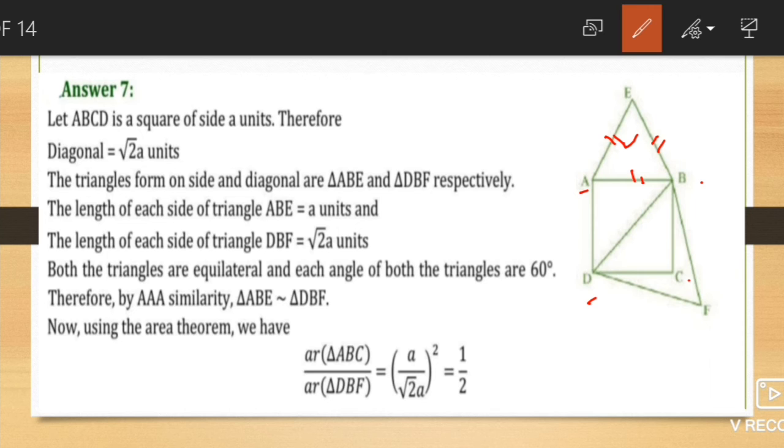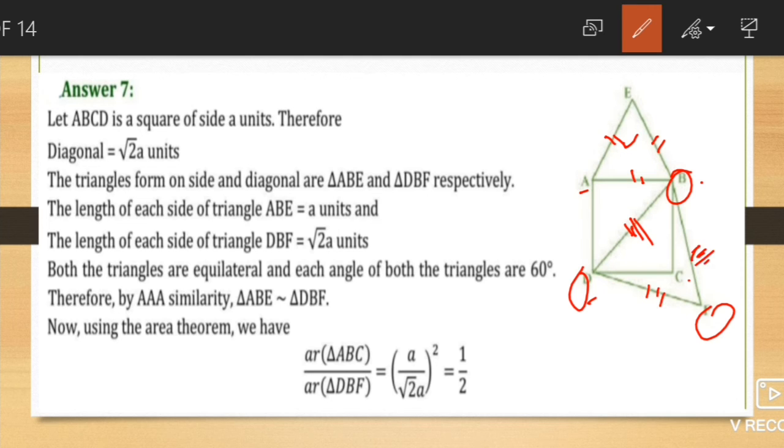But if you look at triangle DBF, as you can see in this equilateral triangle, one side is BD. That means this BD is the diagonal of the square. This equilateral triangle and these three sides are equal, right?